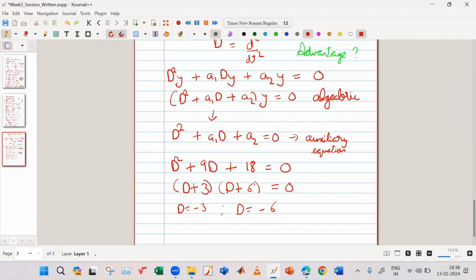Because these are your roots and they are different from each other, you can write down your solution. Your y will be equal to some, let us say, b1 e raised to -3t plus b2 e raised to -6t.